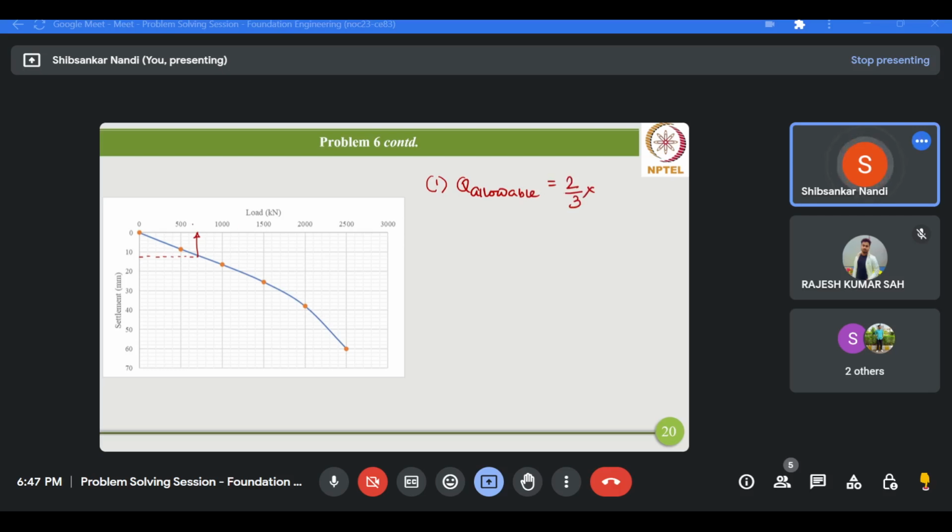So this load is I think slightly more than 700, so 750. Okay, now this is 750, therefore 750 multiplied by 2/3, that means 250 multiplied by 2, that is 500 kilonewton.